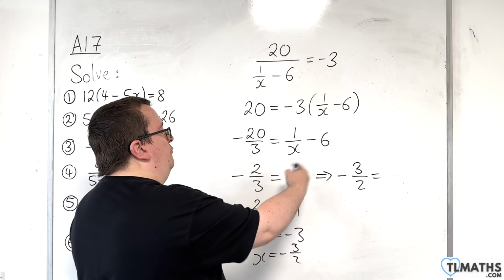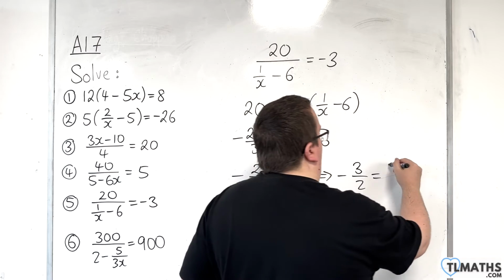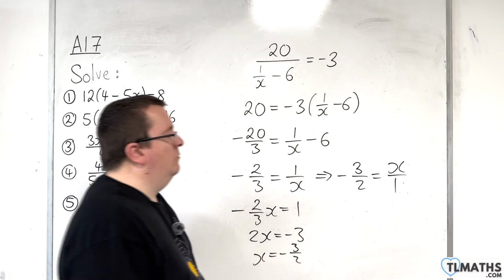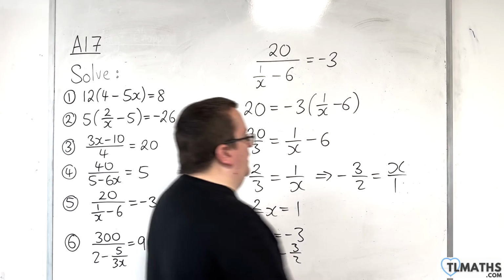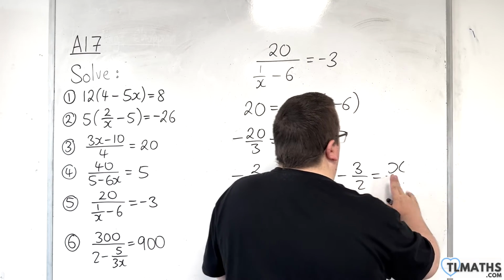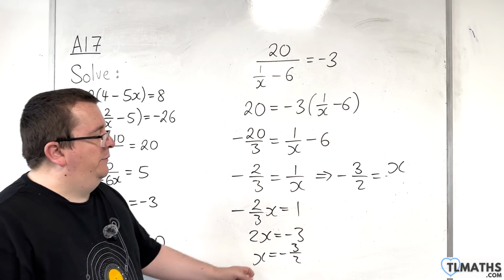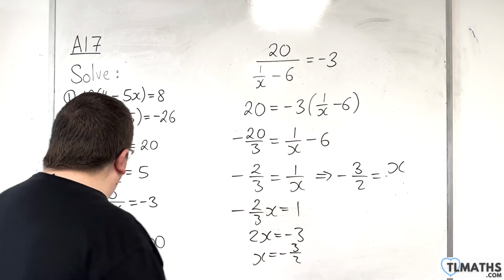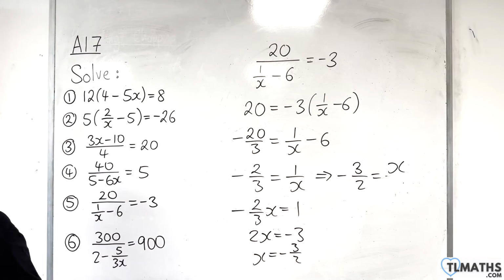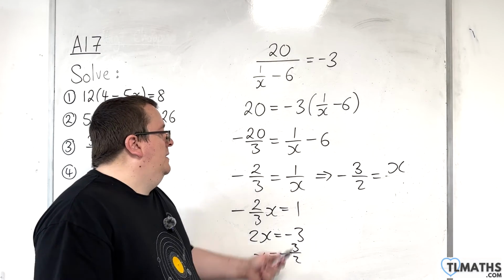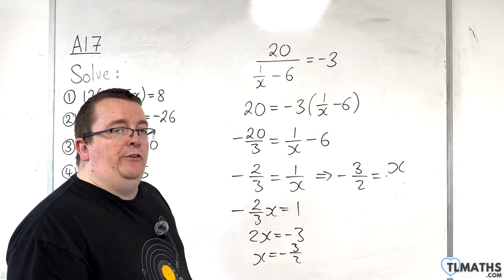And if you flip this fraction round, you get x over 1. And x over 1 is, of course, just x, isn't it? And so x is equal to minus 3 halves. That's a really useful thing to know about, and it avoids these steps of rearranging.